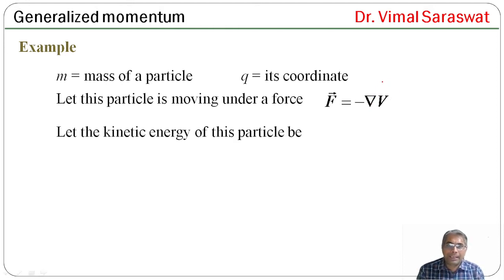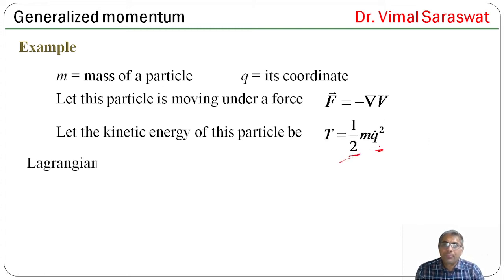Let the kinetic energy of this particle be T equals half m x dot square. Now the Lagrangian L equals T minus V, and T is half m q dot square. So L equals half m q dot square minus V.